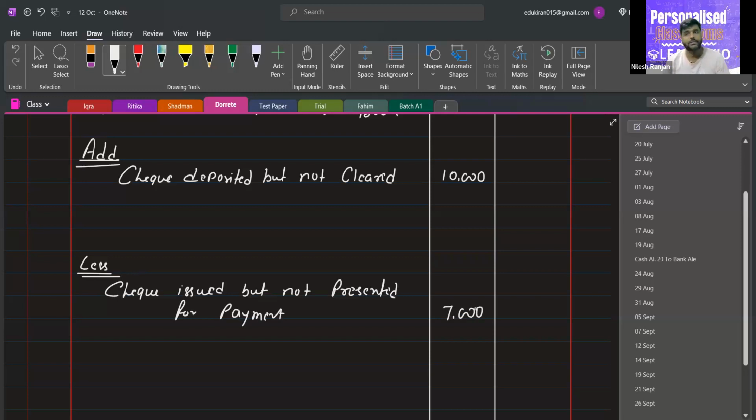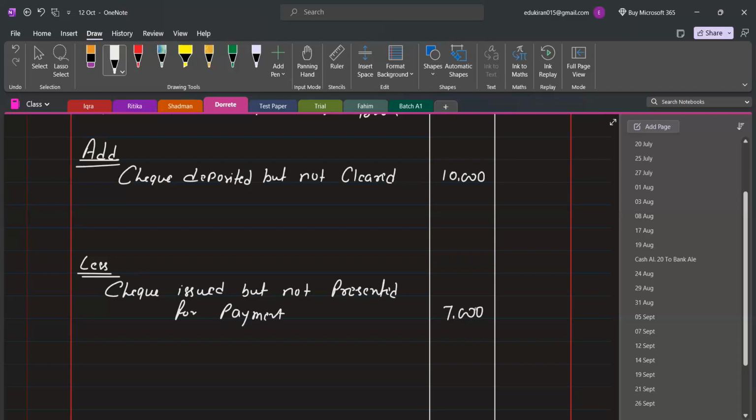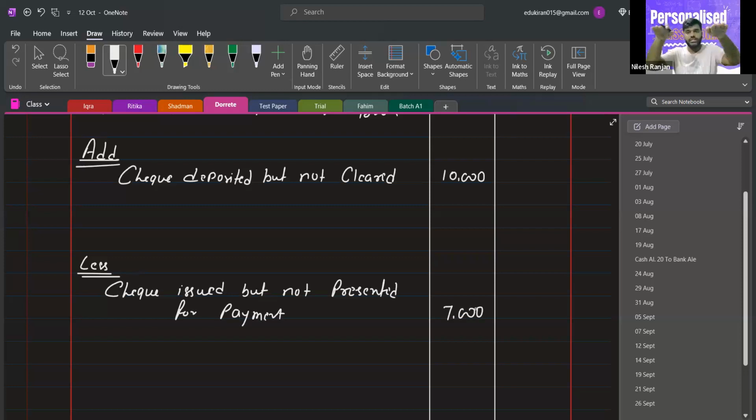The next is that the passbook has debited. In the passbook, there is a debit entry of interest 600 and bank charge 500. So there is a deduction of amount in the passbook, two deductions. Due to this, our passbook will decrease.